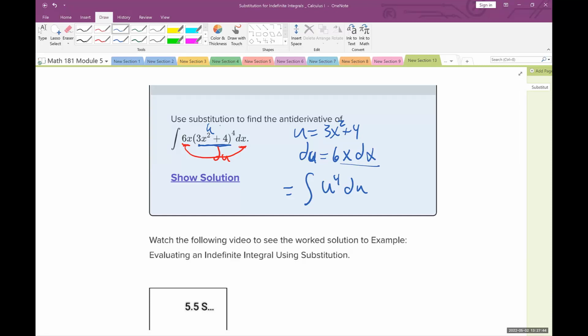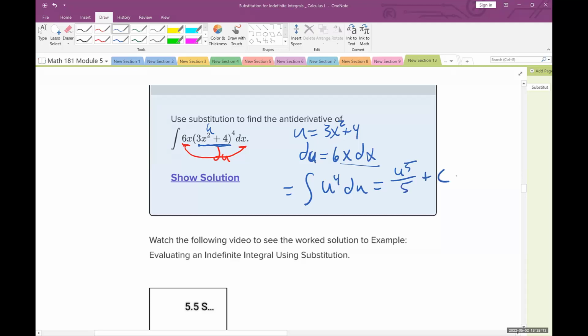And now if we integrate, how would you integrate a u to the 4th power? Nothing's, no tricks here. What do we do when we have something to a power? Well, we would add 1 to the power and divide by the power, right? So we would call this u to the 5th over 5 plus c.